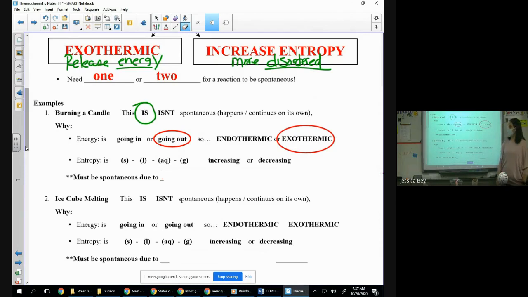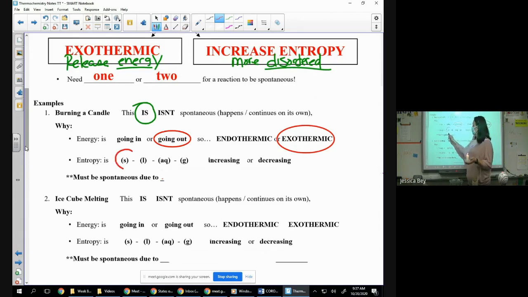Okay. Let's talk about a candle, shall we? It starts as a solid. Okay, and you can find here. So I usually circle. It starts as a solid. My candle starts as a solid. And now what do we have? What's this wax turned into? A liquid or even aqueous solution. Either way, it goes this direction. Is that increasing or decreasing my entropy?